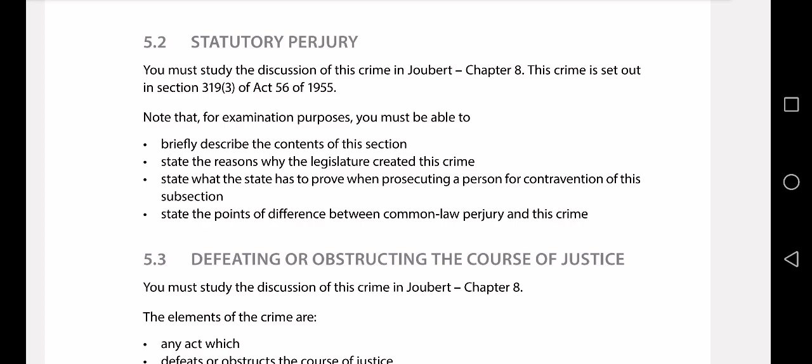Note that for the examination, you must be able to briefly describe the contents of the section, state the reason why the legislature created this crime, state what the state has to prove when prosecuting a person who contravenes the subsection, and state the points of difference between common law perjury and this crime.